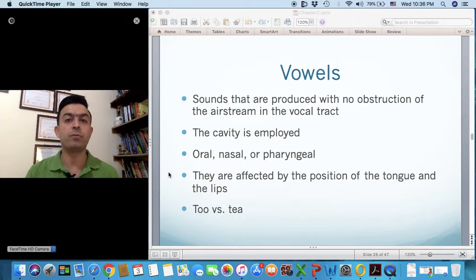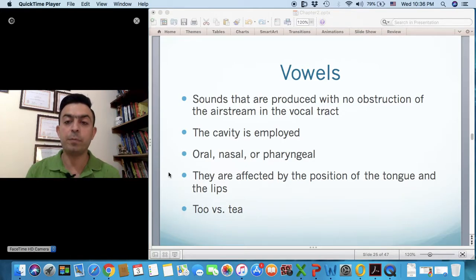We don't obstruct or block any air in the vocal tract. These are sounds produced with no obstruction of the airstream. Of course, we use the cavities, like the oral cavity, the nasal cavity, and the pharyngeal cavity, since the air has to go through these cavities.